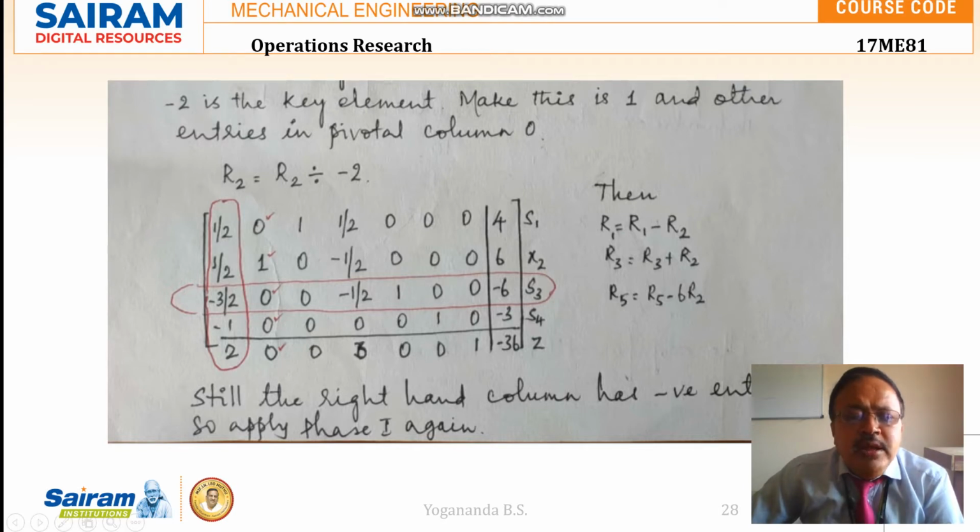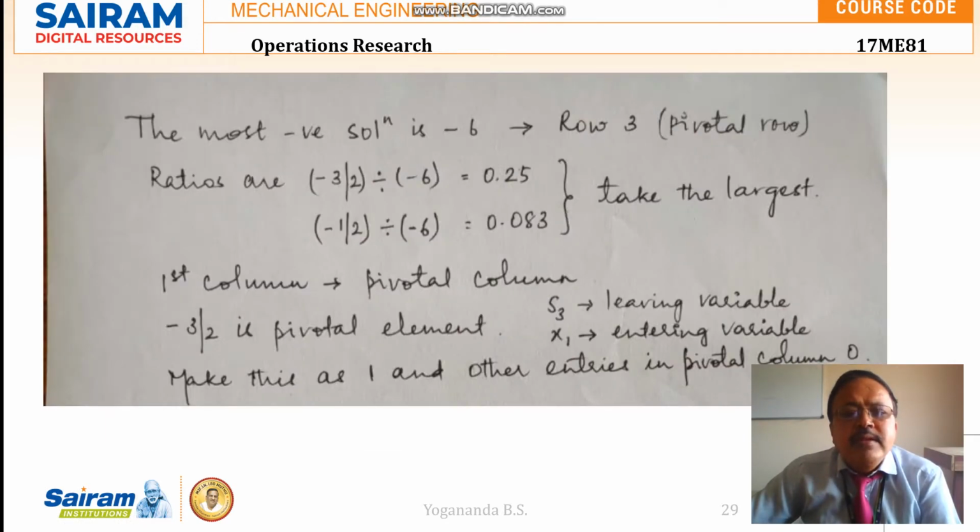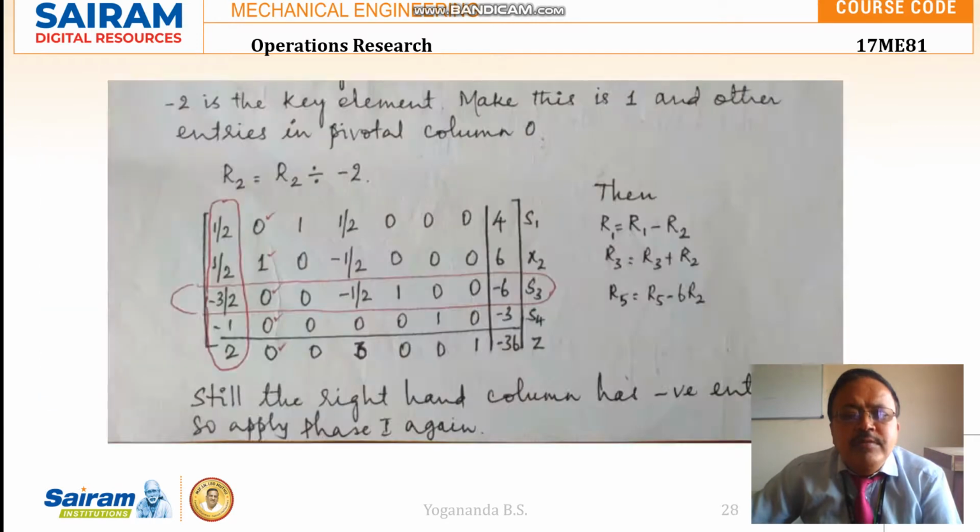So we get the new table. Here also we have negative entries in the solution column. The right hand column still has negative entries. So apply phase 1 once again. The most negative number is minus 6, out of minus 6 and minus 3. Take that as the pivotal row.